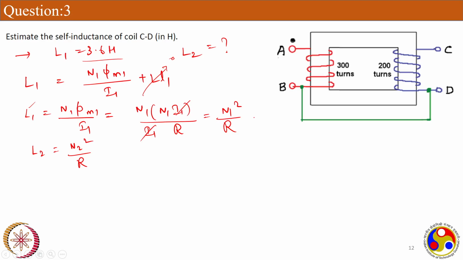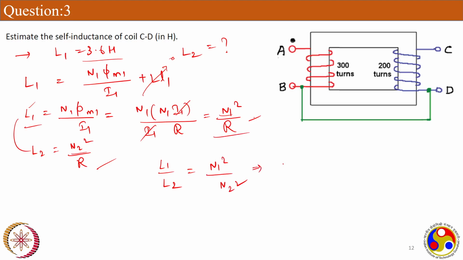Okay. Now with these two equations, I know L1, I know N1, I know N2. It's simple. Now take the ratio of these two, L1 and L2. L1 by L2 is equal to N1 square by N2 square, because the reluctances are the same, they will get cancelled.